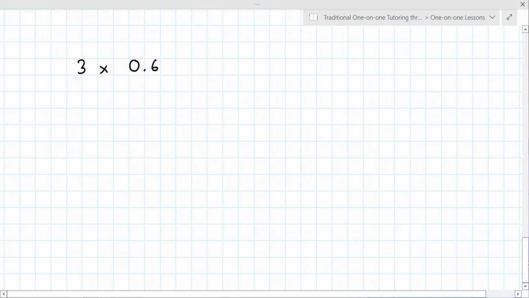It was to keep it simple for you. So when you see a problem like 3 times 0.6, you're really multiplying the 3 and the 6, and you're still counting the decimal places. 1 decimal place. So your answer would be 1.8. Do you see that?